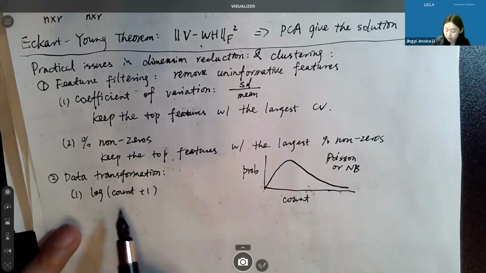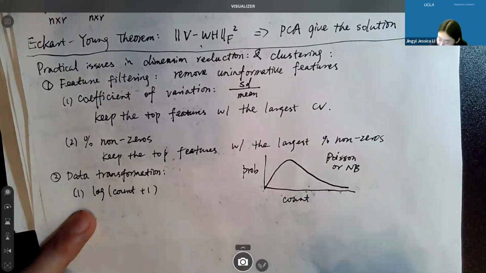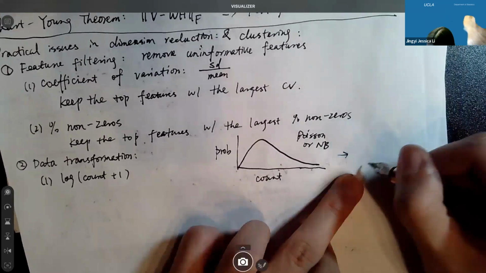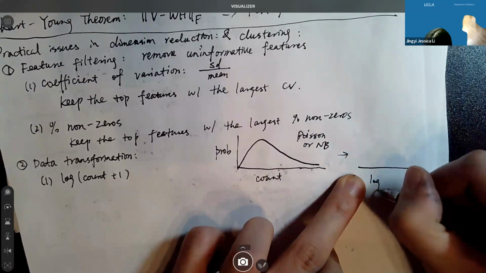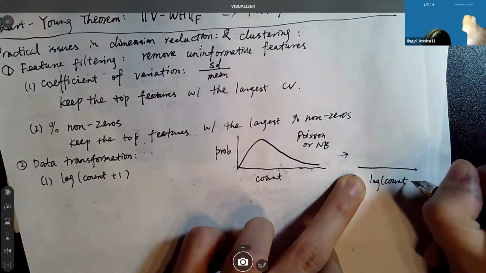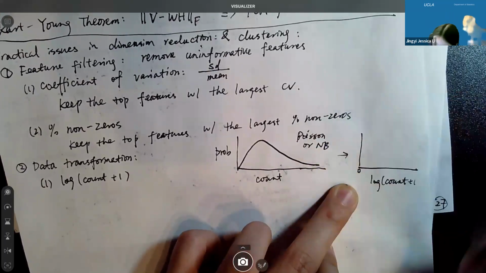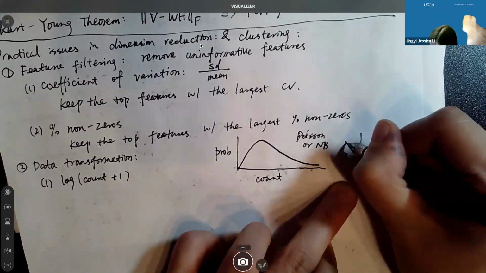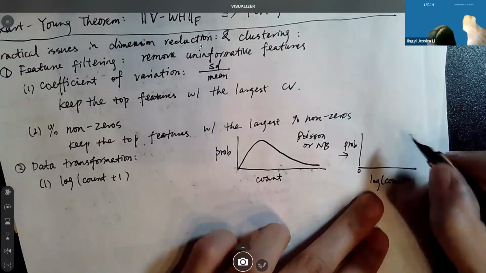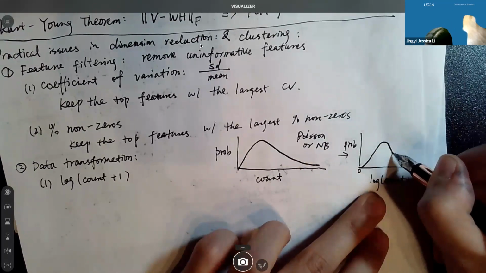But still, even though you have this truncation at 0, if you plug in log count plus 1, you still have this 0. But now the distribution may be more bell-shaped.